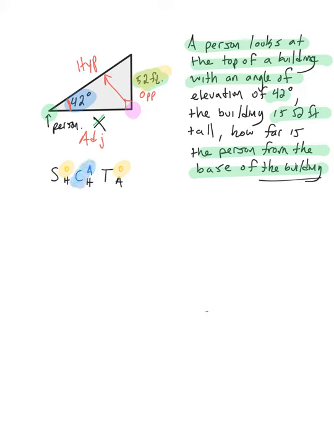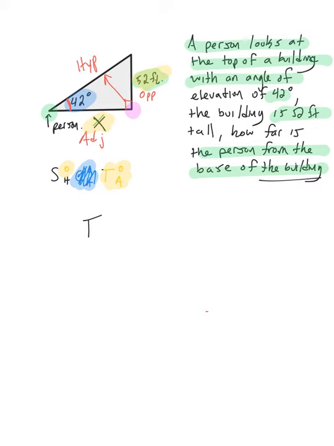That pretty much eliminates the fact that we're going to use cosine, so I'll cross that out. And then the only other relevant side for us in this problem is the adjacent side, because that has x, and x is what we're trying to find. So the only other trig function with an O and an A, an opposite and adjacent, is the tangent function. So we're going to use tangent.